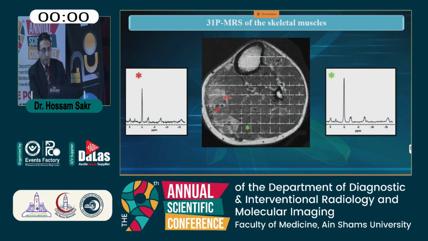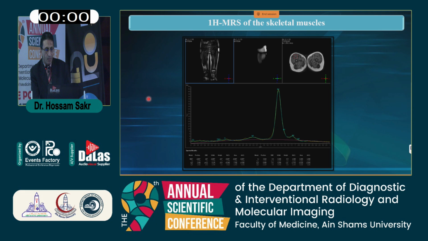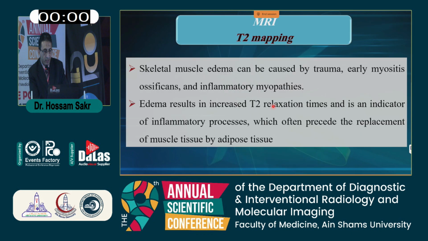Then an example of a case of muscle fatty infiltration. Here, this is the sequence. The MR spectroscopy of the diseased muscle shows low signal for phosphorus, denoting less active muscle, while in conventional MR spectroscopy, there is a high lipid peak due to fatty infiltration.